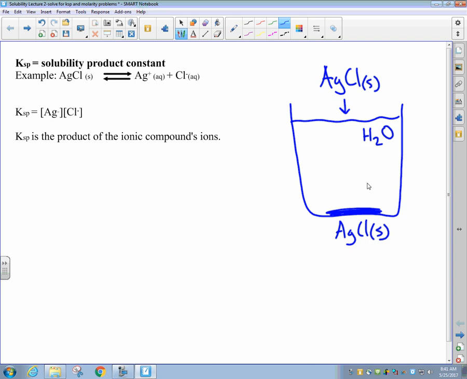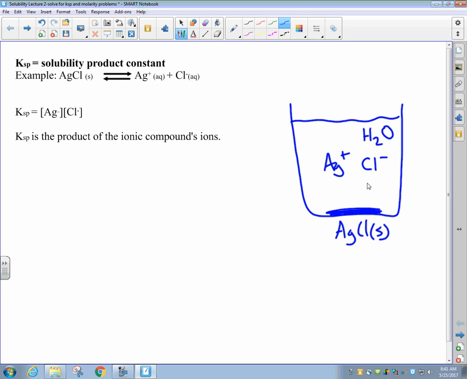The water does have an attractive force on the chloride ions and the silver ions and is able to get that solid to dissolve just a little bit. So you end up with a silver ion and chloride ion in very, very low concentrations within your water sample.